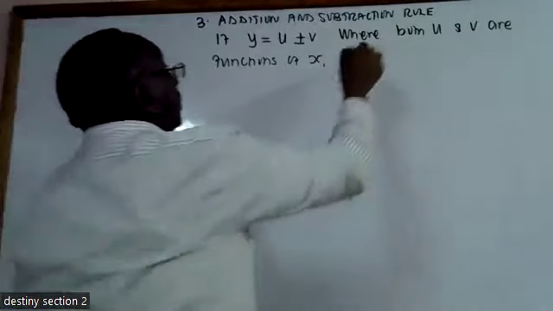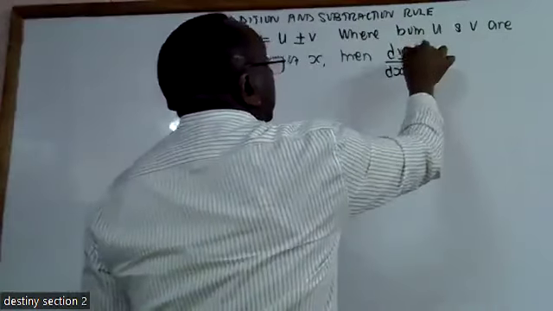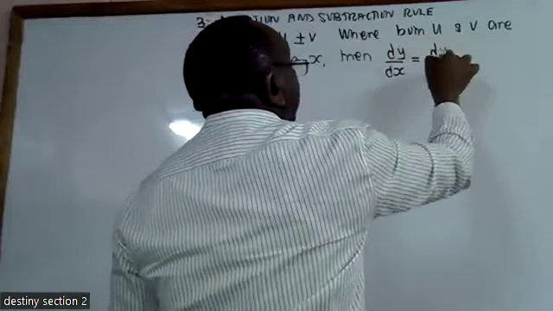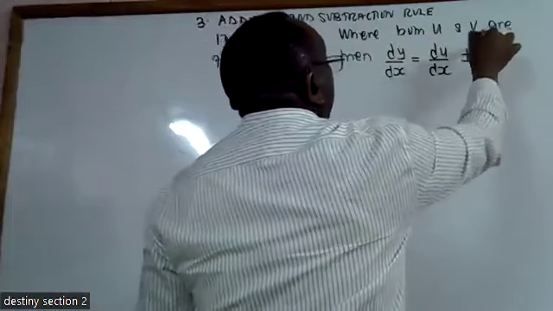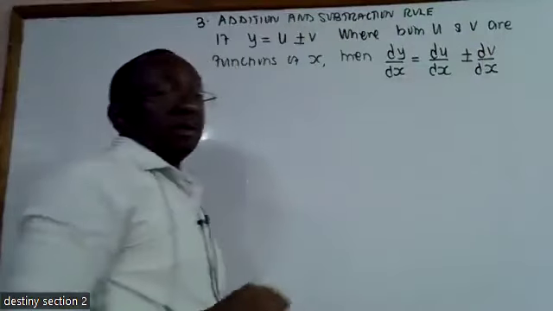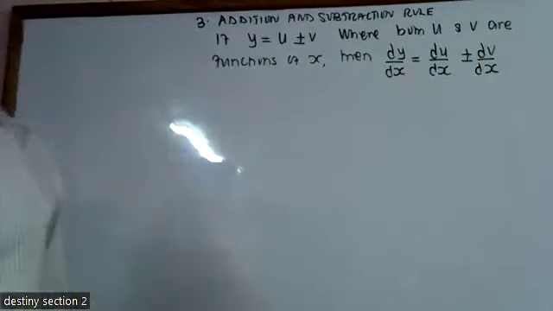Then dy dx will be du dx plus or minus dv dx. In other words, you just differentiate each on its own.